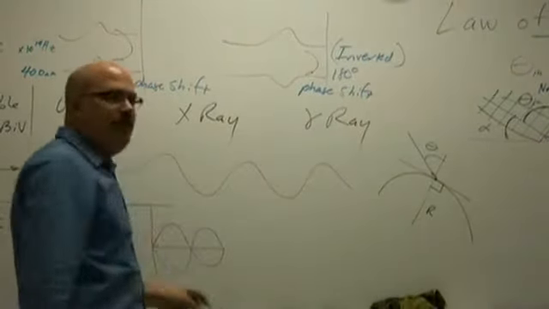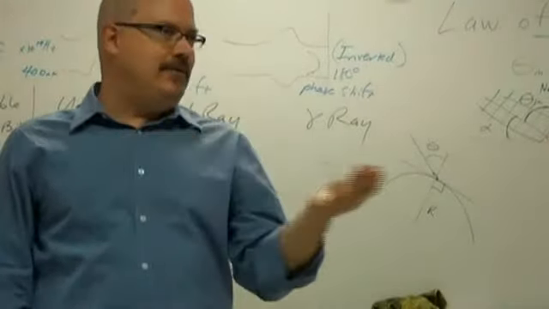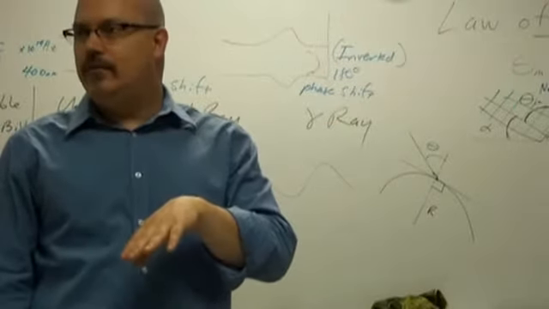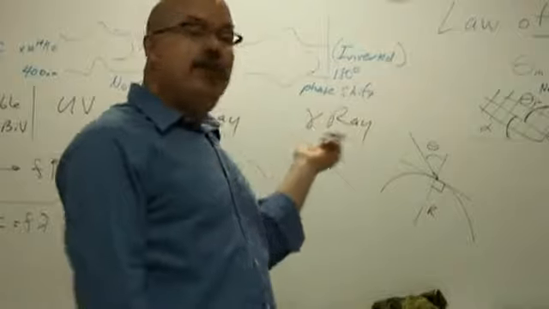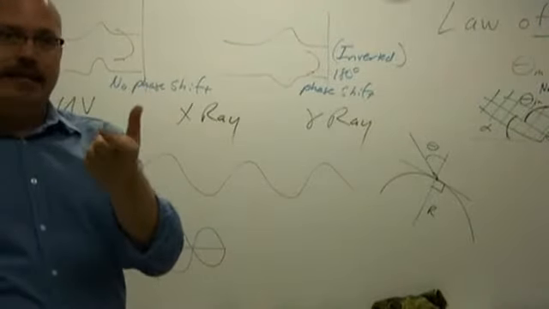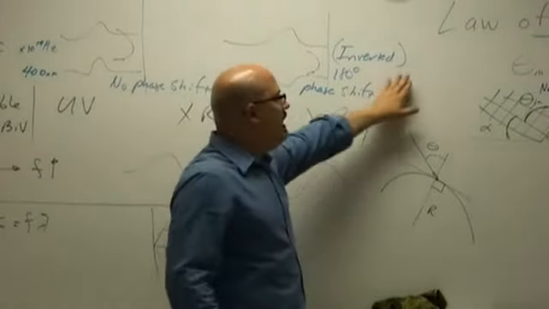Okay? It's been inverted. Now, our eyes cannot tell the difference between upright and inverted waves. We have no way of distinguishing that. But mathematically, it'll make a difference for some optic phenomena, which we'll talk about in a little bit. Okay? For some optic phenomena. So just keep that in mind.